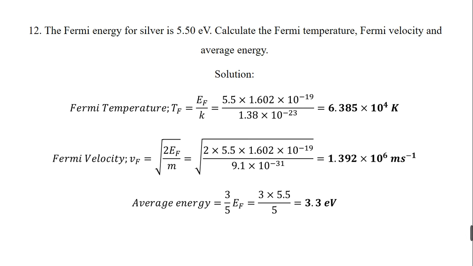So take the value in terms of electron volts itself, so that the final answer will be in electron volts. 3 into 5.5 divided by 5, after calculation, you will get 3.3. The unit of energy you are directly getting in electron volts.